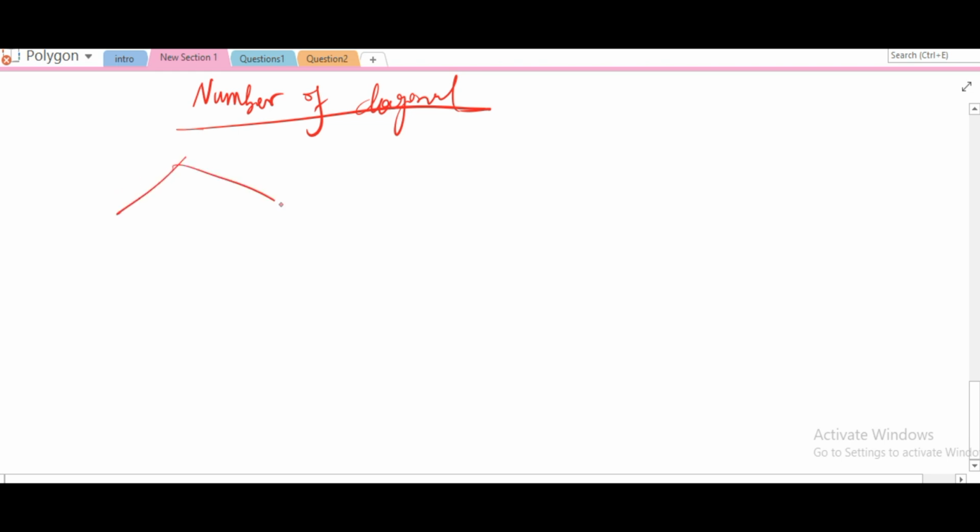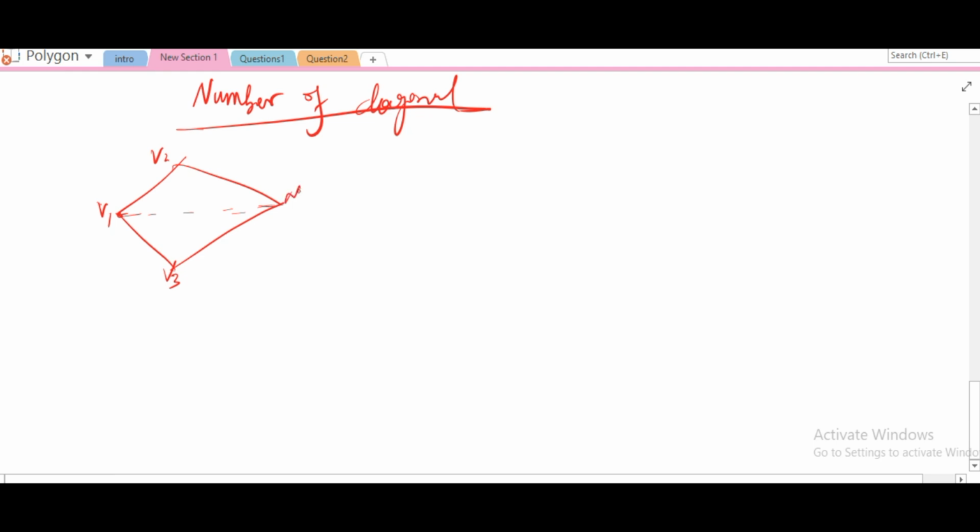If you have a 4-sided polygon, so I'm looking at vertex 1 now, this is V1. This is a diagonal because V2 and V3 are adjacent to V1.